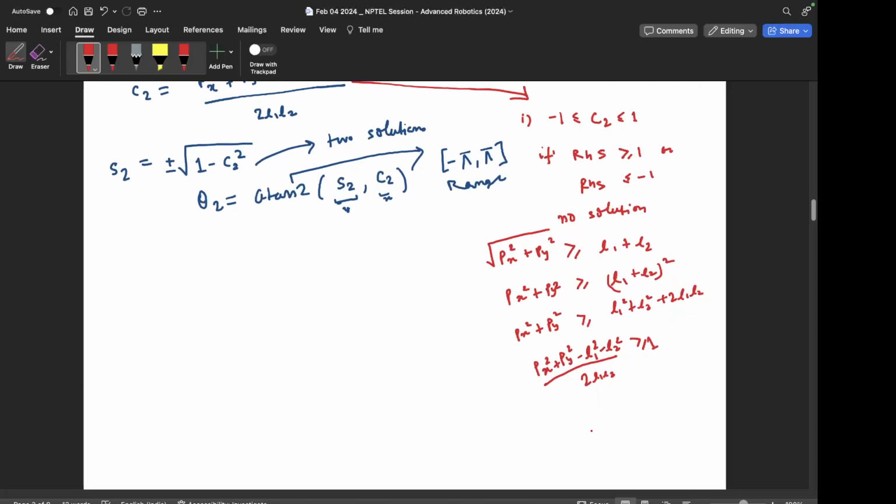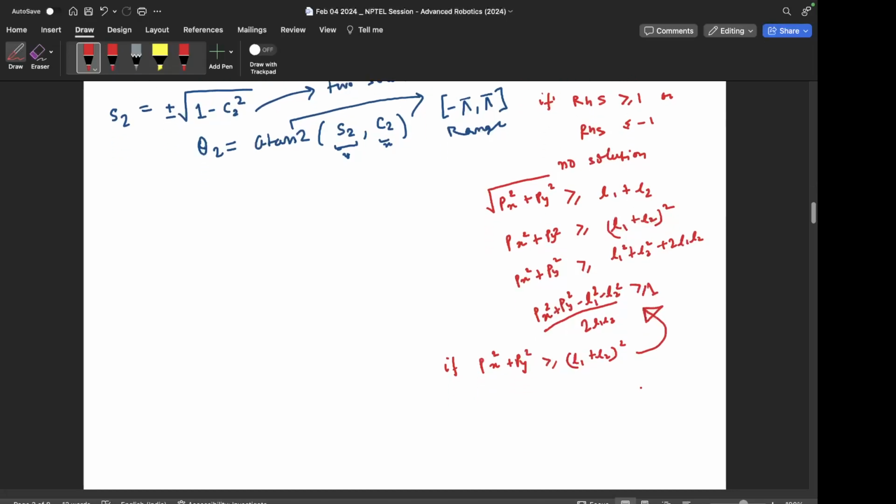So the conclusion is, if px square plus py square is greater than L1 plus L2 whole square, then the RHS is greater than 1, right? And that is expected also, that the end effector of the manipulator cannot be at a point whose distance from the origin is greater than the maximum length of the manipulator, right?